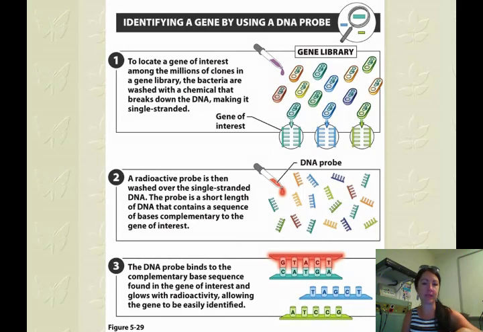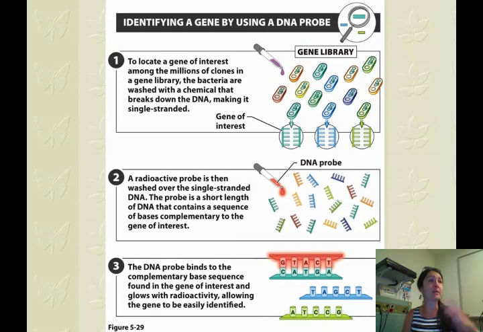over the single strands of DNA, and the probe is a short length of DNA that contains the sequence of bases complementary to the gene of interest. So imagine we have a whole bunch of pieces of DNA, and then we put in our DNA probe, and it's got the complementary set of DNA base pairs to the ones that we want.